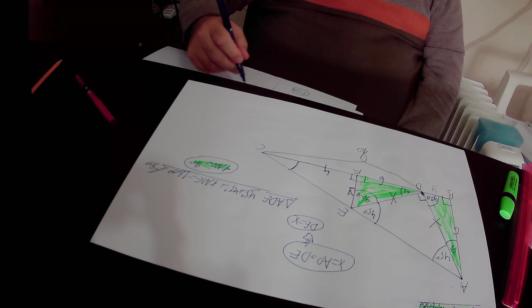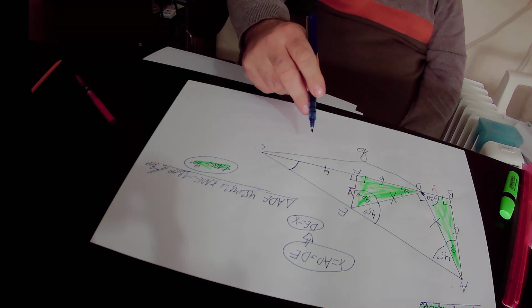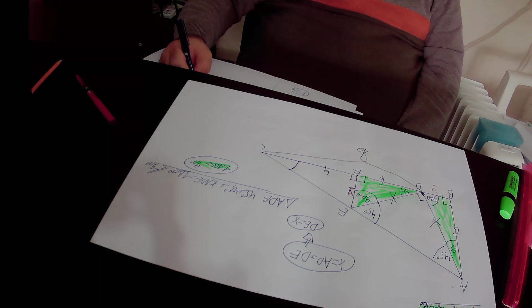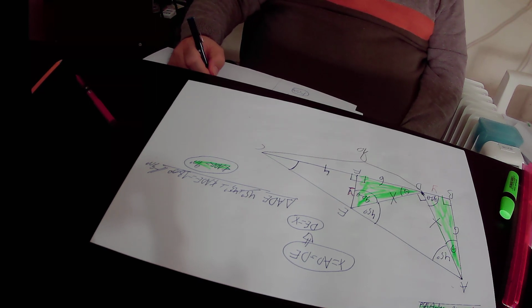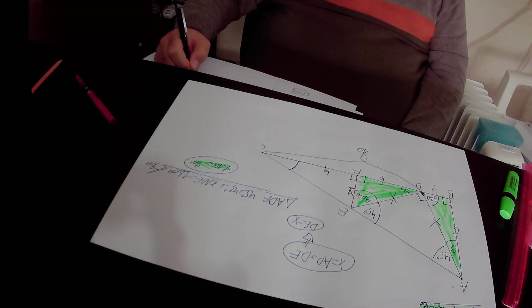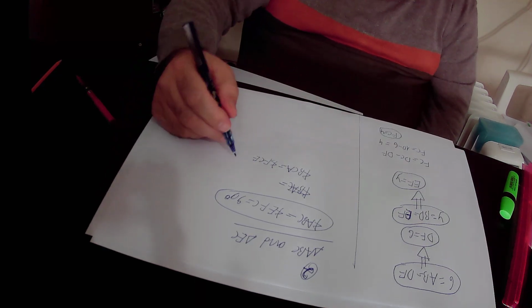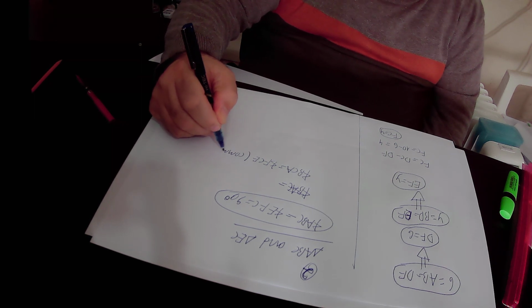So we can write down that angle BCA is equal to angle FCE, and those angles are equal to each other because this angle is a common angle, it belongs to both triangles.